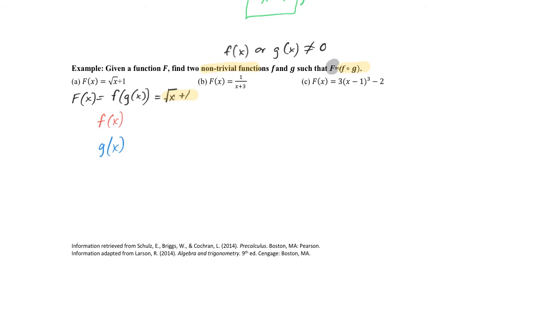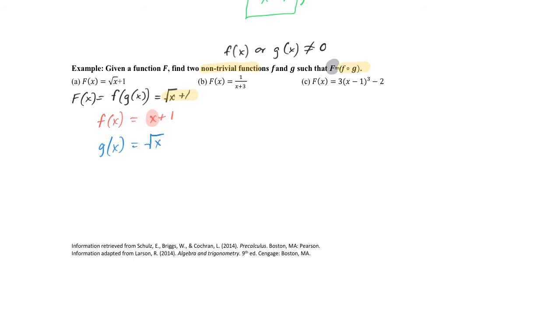I need to think about what function f of x I could use so that when I replace the x value with some other function g of x, I'd get the square root of x plus 1. What if f of x was x plus 1? What would I have to replace that x value with to come up with the square root of x plus 1? Of course, I'd have to replace it with the square root of x.